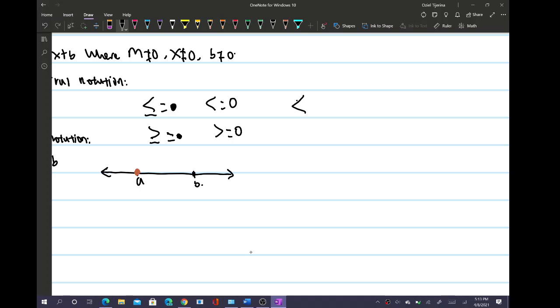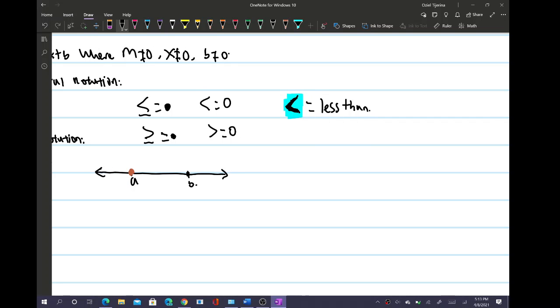So this one in particular is less than. You always want the little alligator, or the little Pac-Man, if you want to call it that, to be eating the greater number, because he wants to eat more.